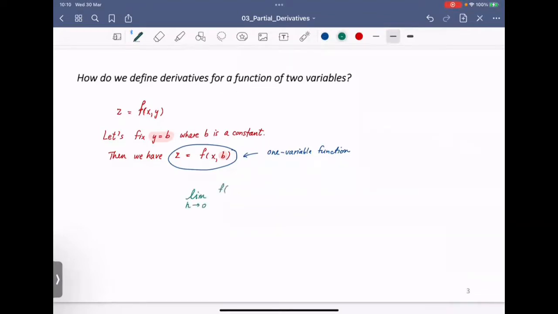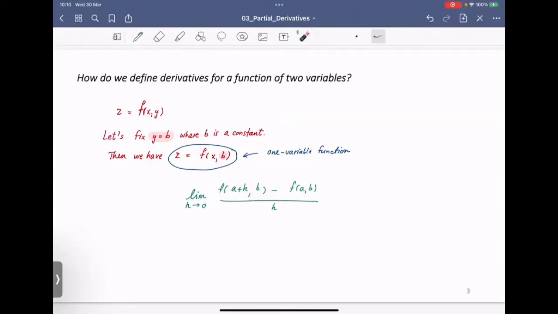For f, this time we're going to fix b. Let's keep b fixed as a constant, and then you move your x here. Let's say it's going to be your point (a, b) here. And this is going to be (f(a+h, b) - f(a, b))/h. Basically, you do nothing other than using a one variable function, but you fix b to be constant.